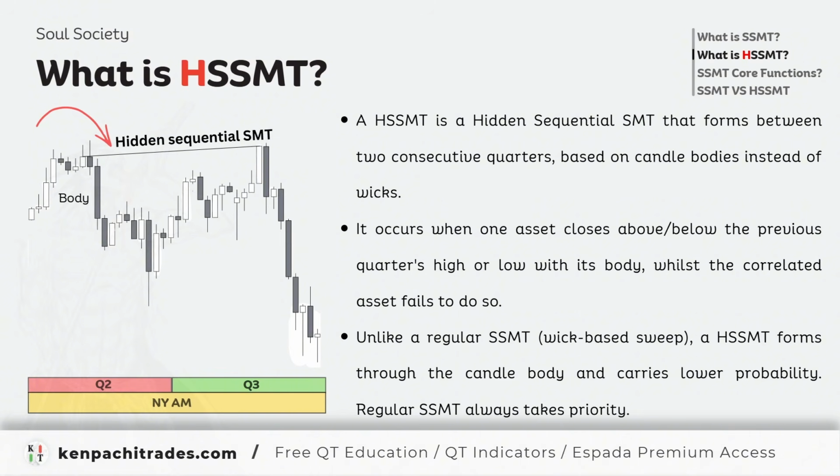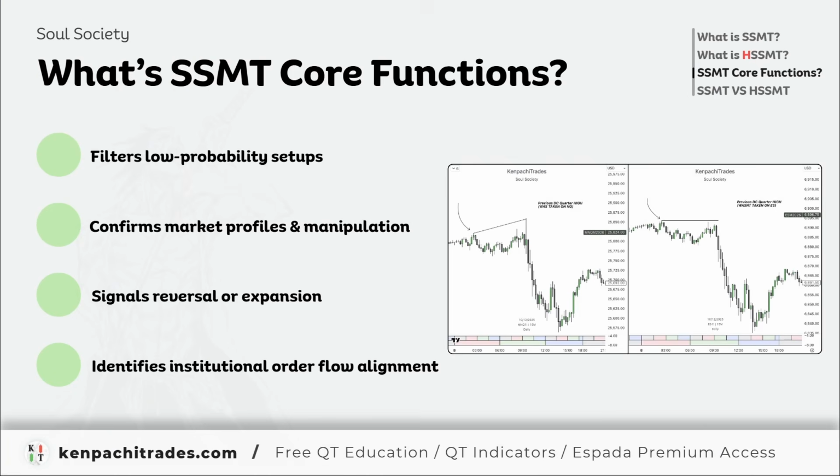And now let's move on to the core functions of SSMT. What are the core functions of SSMT and why do we even use it? There are four main reasons, and reason number one is SSMT filters low probability setups. If there is no SSMT, you skip the trade. This alone will save you from many bad entries.